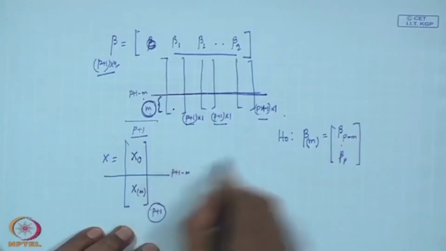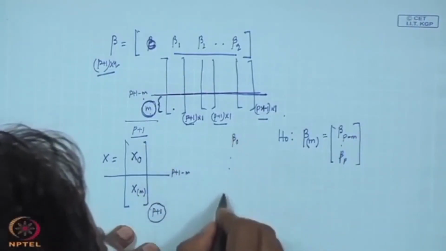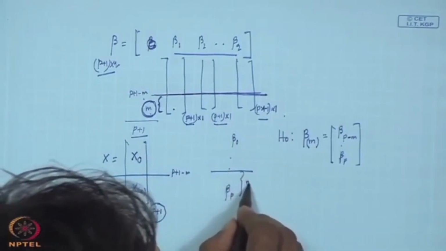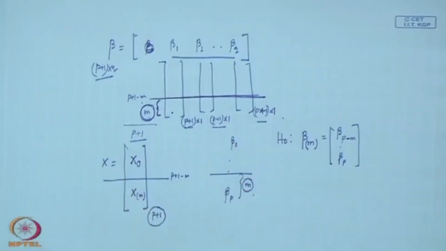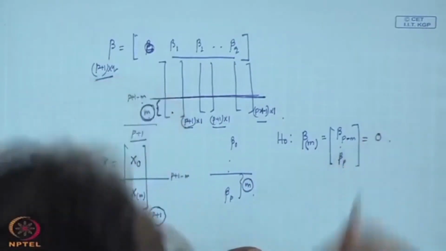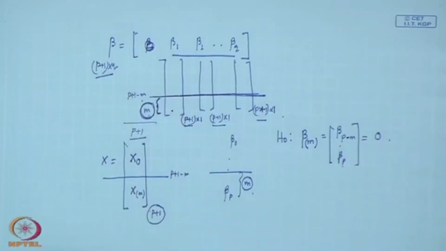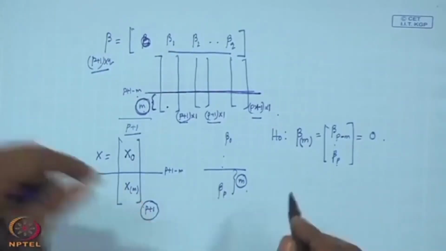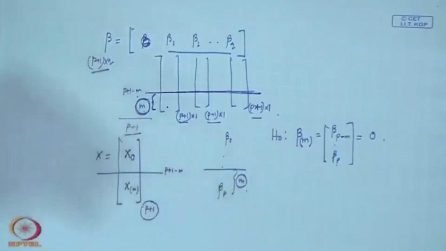I have beta 0 to beta p. I am taking the last m not contributing, so that means P minus m plus 1 to p. So this is 0. Please understand what we are trying to say. There are p variables, let it be p equal to 20.